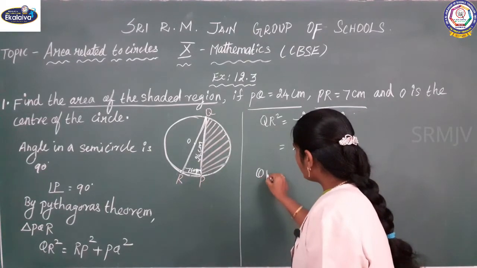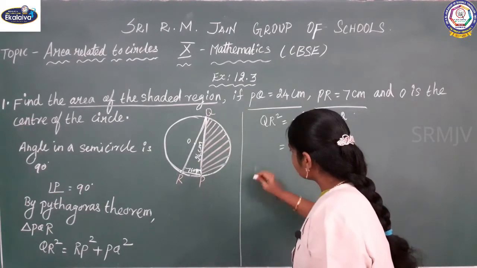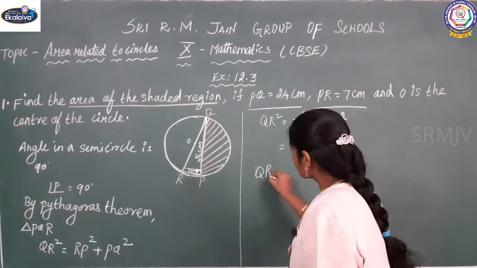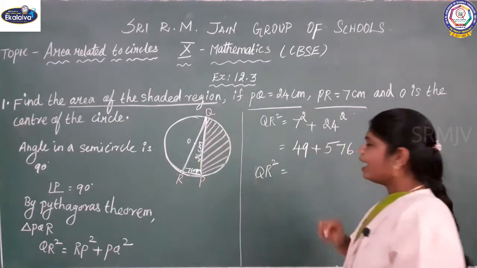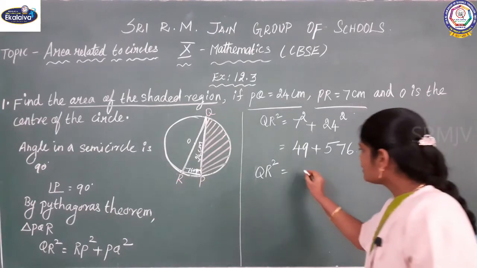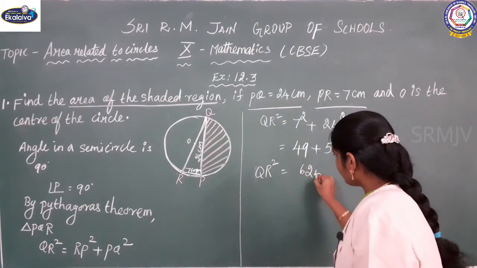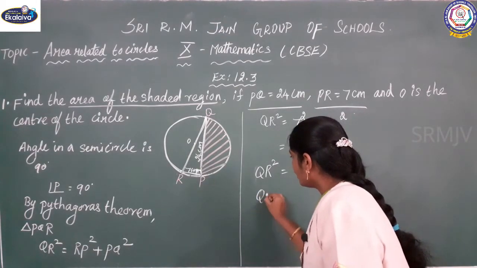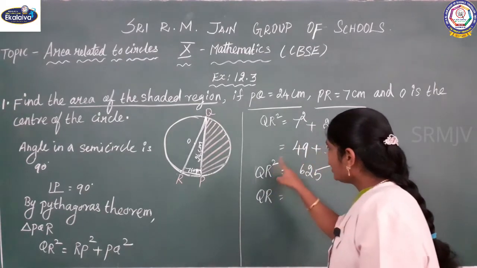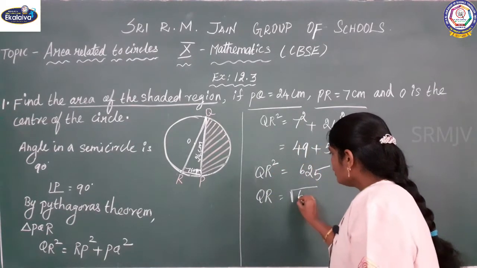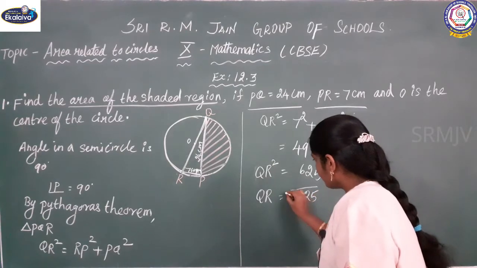So QR square equal to, when we add this, what will you get, children? 625. So QR equal to, the square will change, square root of 625.